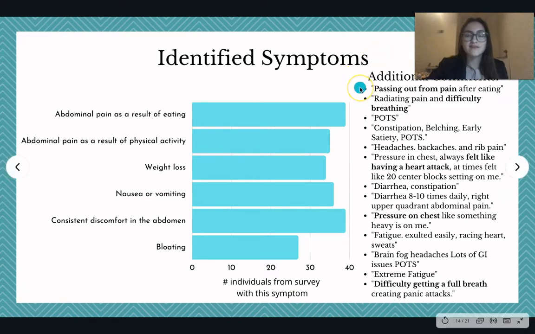We can see passing out from pain after eating, radiating pain and difficulty breathing, pressure in chest, always felt like having heart attacks, at times felt like 20 cinder blocks sitting on me, pressure on chest like something heavy is on me, fatigued, exhausted easily, racing heart, sweats, brain fog, headaches, lots of GI issues, extreme fatigue, difficulty getting full breath, causing panic attacks. These symptoms are debilitating and take away from a person's quality of life.